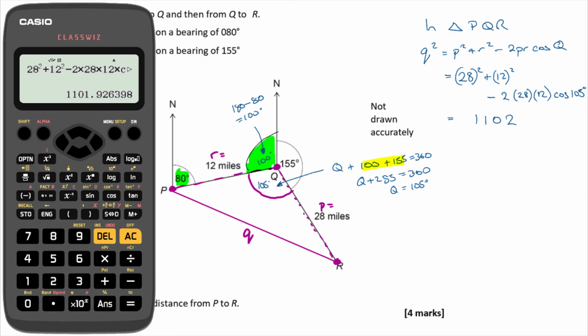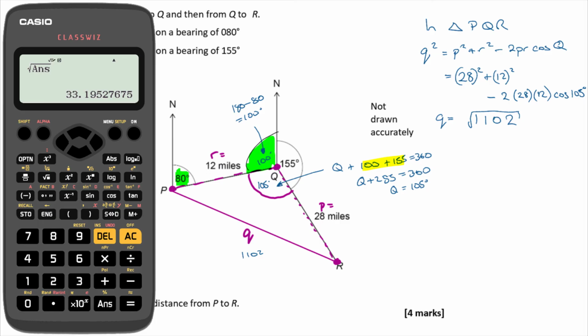Now if you imagine that Q is 1102, you know that's much too big, isn't it? It isn't 1102. Remember we found Q squared here, so we're going to have to square root this to find Q. So Q is going to be the square root of 1102.